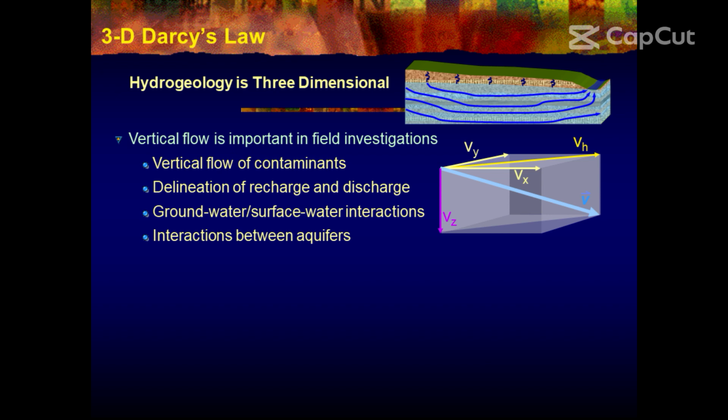And then in delineation of recharge and discharge, all these happen vertically, and groundwater and surface water interactions, all these happen due to vertical flows and interaction between adjacent aquifers. All these also happen due to the vertical component of the flow velocity.